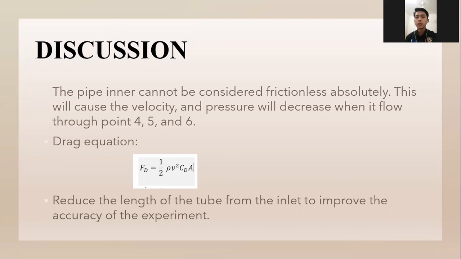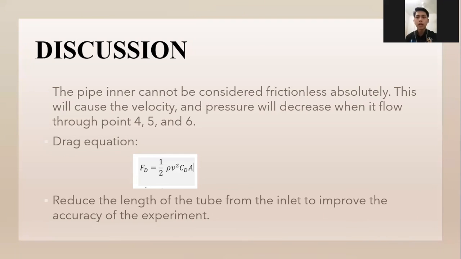From the graph, the calculated values are different from the measured values in the experiment. It shows that the error of this experiment is very high. This is because the pipe's inner surface cannot be considered absolutely frictionless. When the fluid flows through the pipe, it produces friction between the fluid and the tube. This causes the velocity and the pressure to decrease when it flows through points 5, 4 and 6.